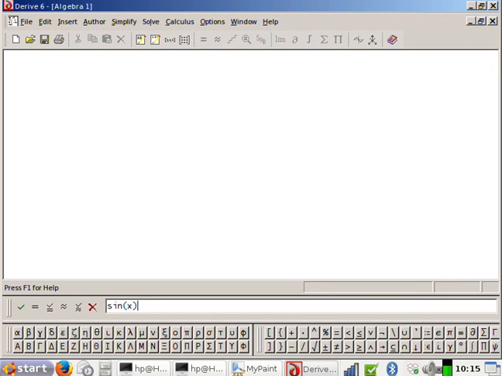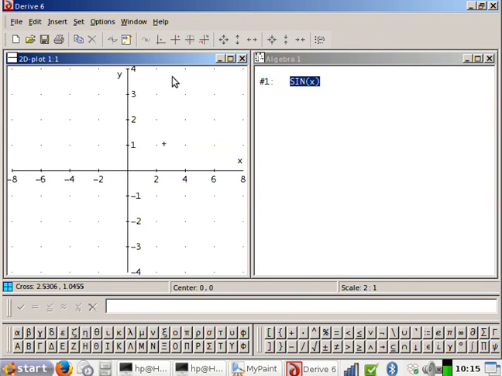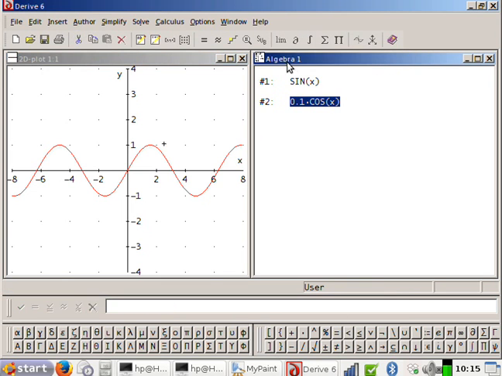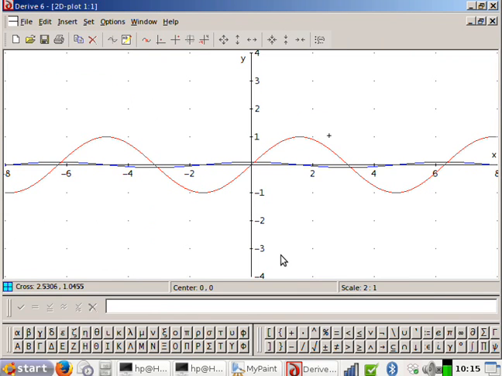So here's one wave, and here is another wave. So I have two waves here.